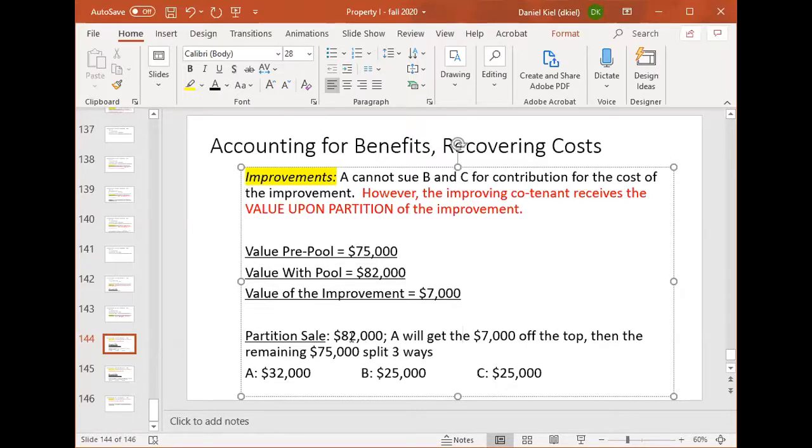Note that if this number was 1,000, right, the value of the improvement was $1,000, that would then have been a bad investment for A to have done, right? They spent 3,000 to get 1,000 in added value, but they would still get that, right? So it would be 26, 25, 25 in that example, okay?